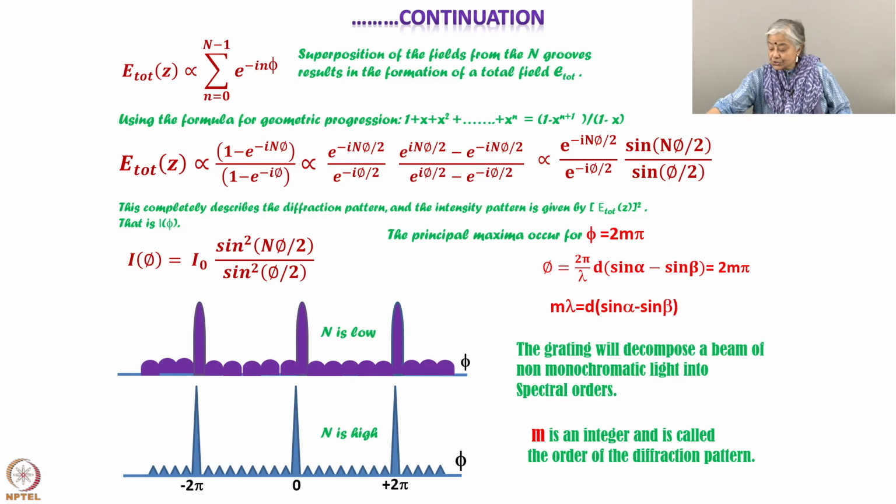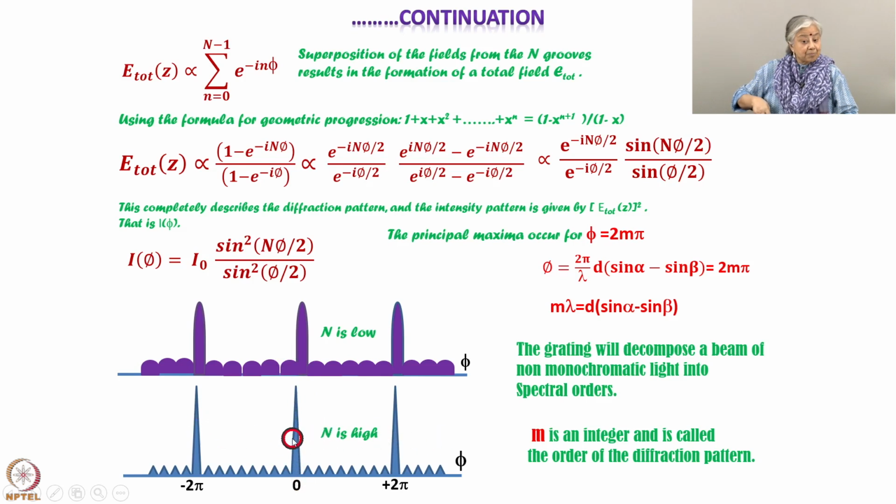But if n is low, suppose n is 5, n square will be how much? 5 square, that is 25. So this height will be only 25, while this height will become 100. And automatically when the height becomes 100, it will become a very narrow pulse. And there itself, the sharpness of the pulse comes into the picture.